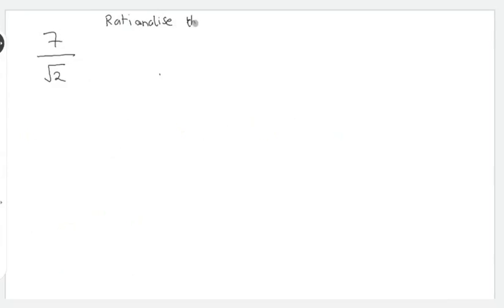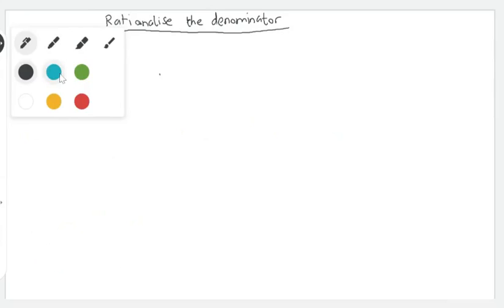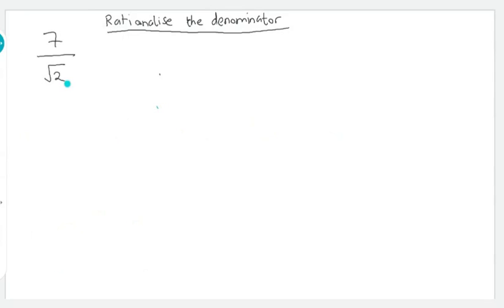Okay. So that being said, think about the previous example. The square root of 2, we multiplied that by the square root of 2, and that gave us a rational number, i.e. a number that didn't have a surd in it.